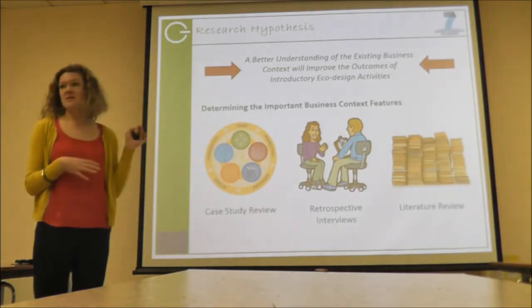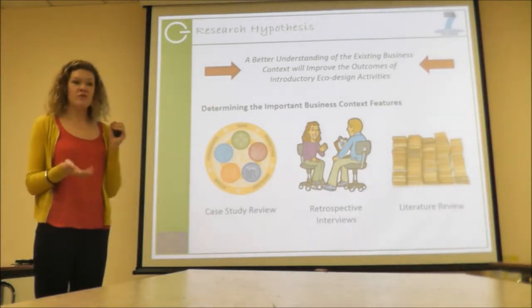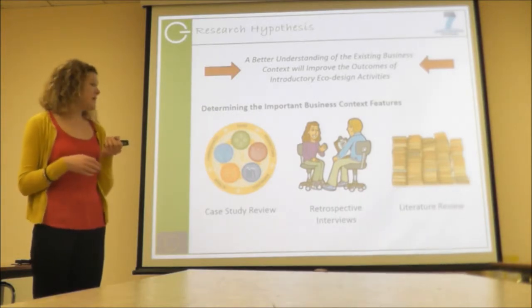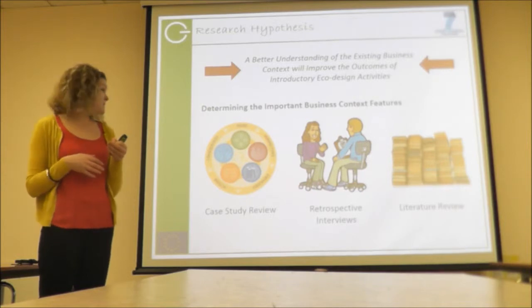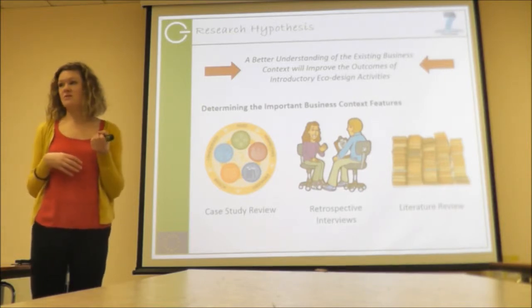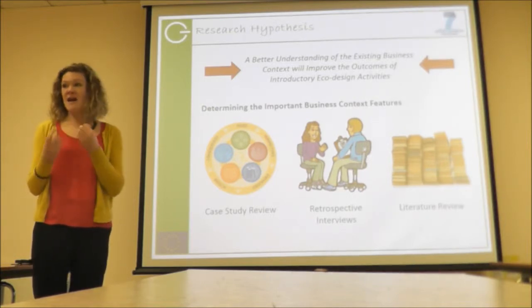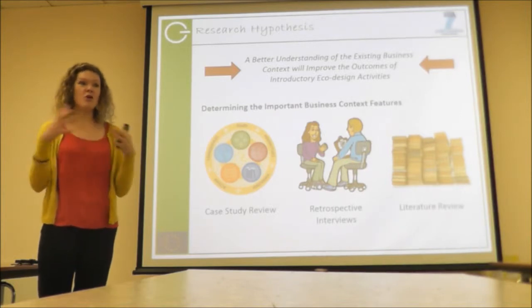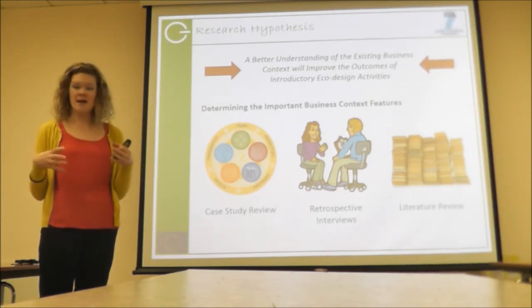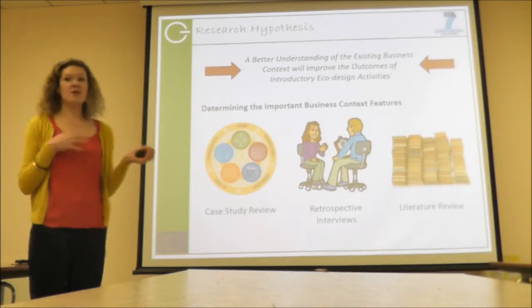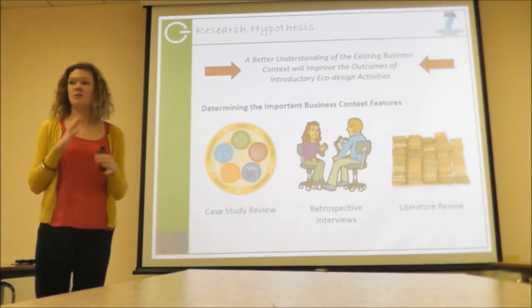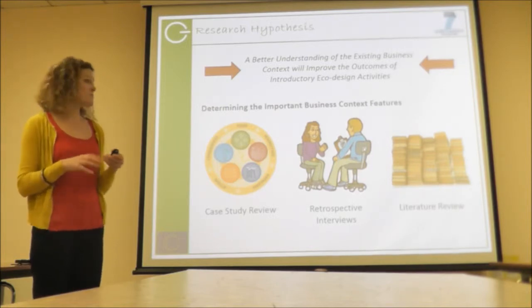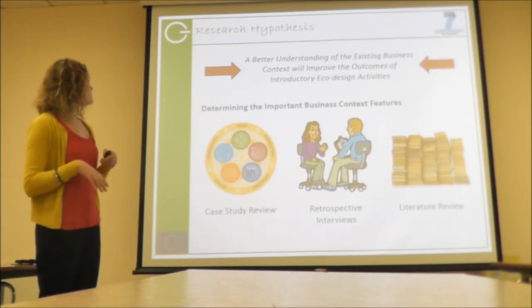This came from a case study review of the case study that I've just explained. I then went back to the company 2 years after the completion and conducted some retrospective interviews with them to see where knowledge had embedded and what lasting impact the project had had. And this was then considered alongside a literature review to see what other eco-design researchers were saying was necessary.